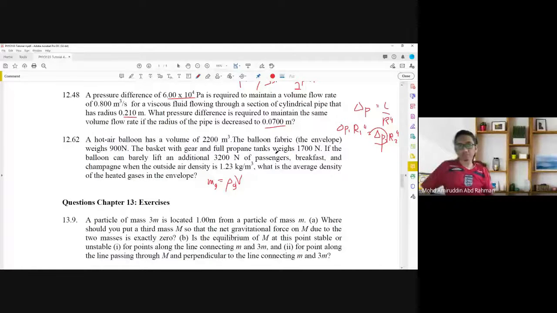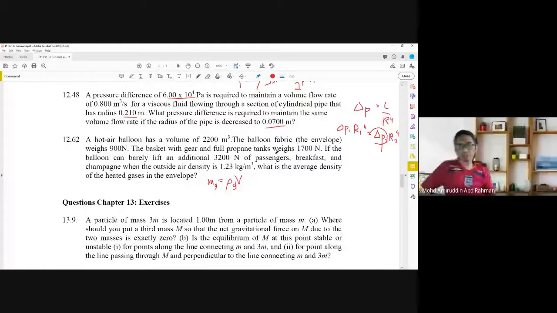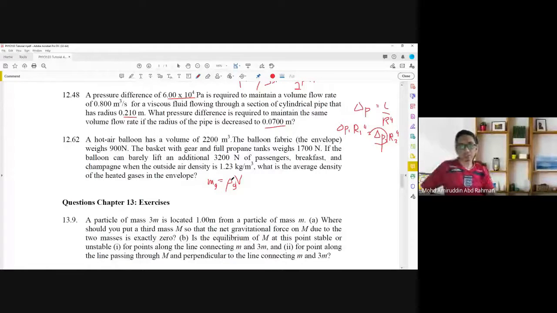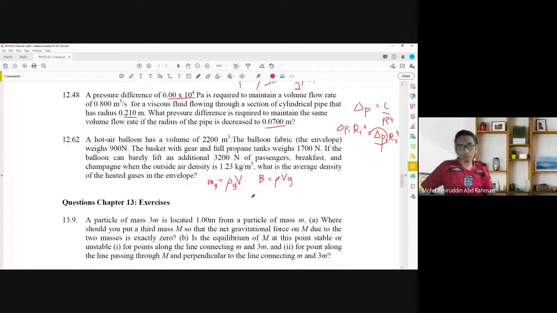To find out rho of the gas, we have another equation, which is the buoyant force, rho Vg.